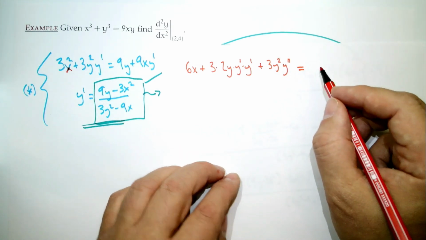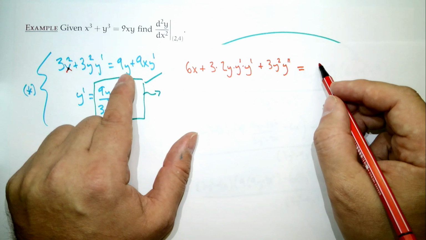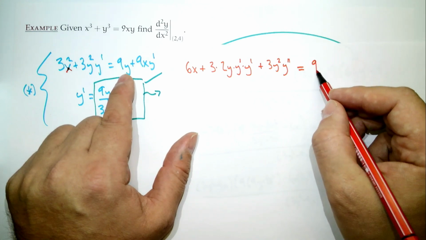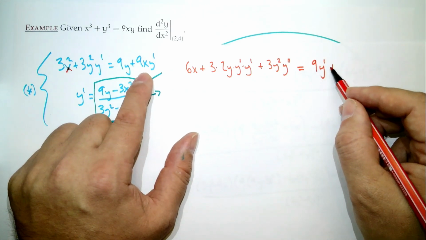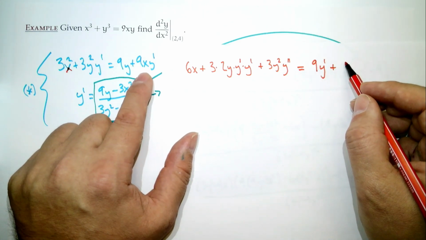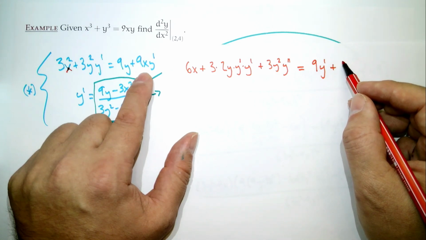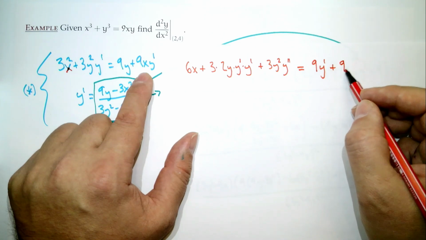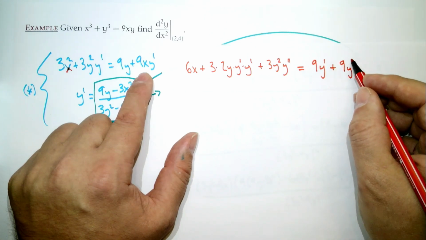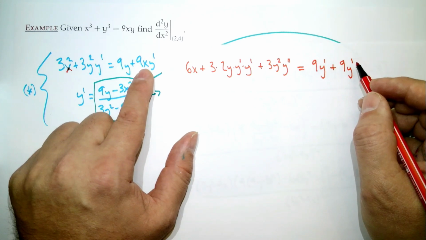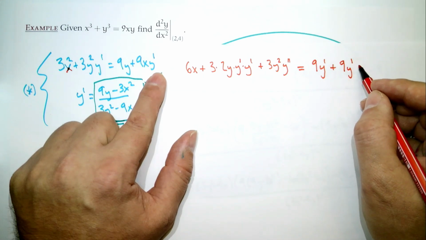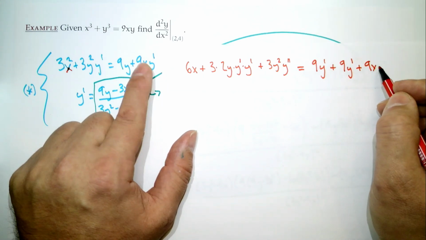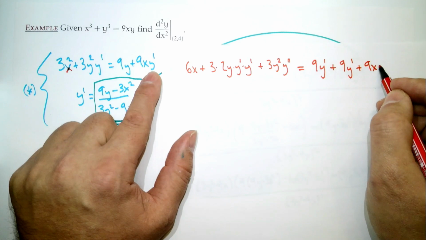That's going to be equal to, okay, what do we get here? 9y prime plus, what do we get here? Okay, so I would start by saying derivative of x is 1, so the derivative of x times y prime, so that's 9y prime, plus 9x times the derivative of y prime, which is y double prime.